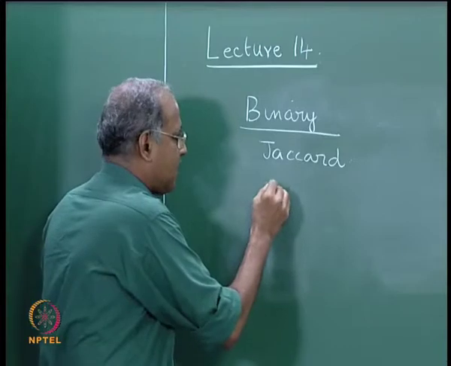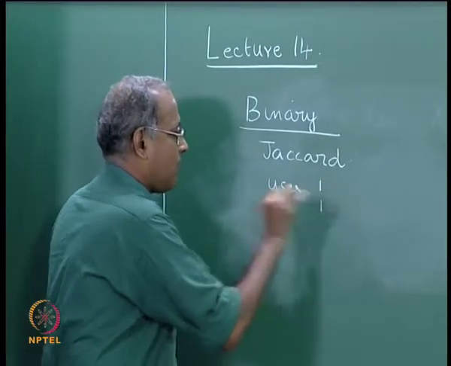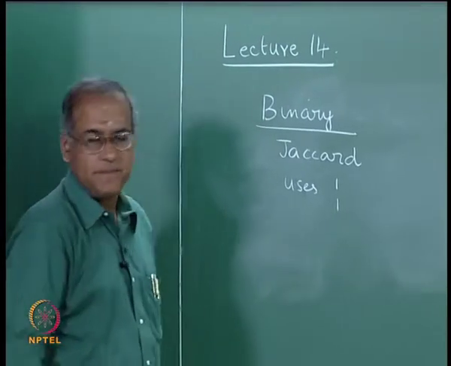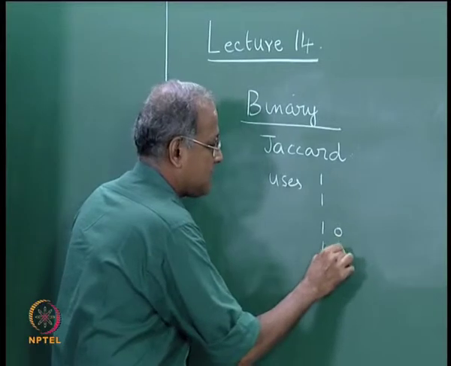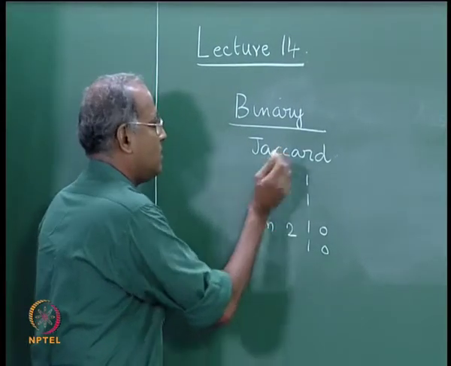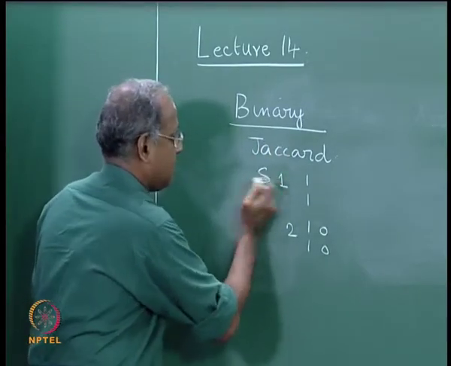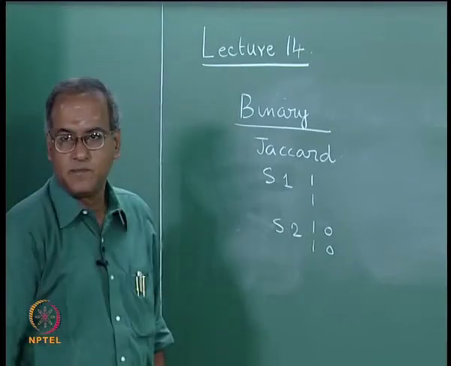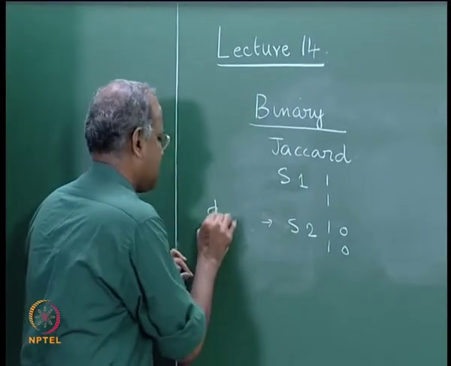We have seen a similarity coefficient which uses only the 1-1 pair, and then a similarity coefficient that uses both 1-1 pair and 0-0 pair, which you can call as similarity 2. This could be S1 and this could be S2. And we also saw that this is related to distance.